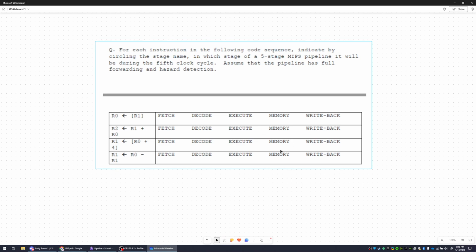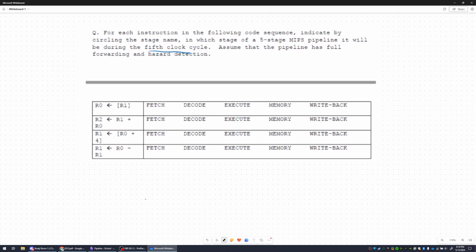For this question, during the fifth clock cycle, there's forwarding and hazard detection. So you just draw out the pipeline, I guess. There's line 1, 2, 3, and 4.